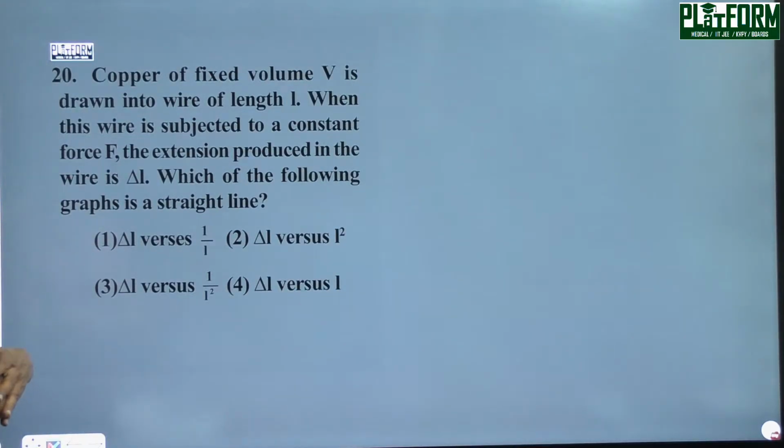A copper wire of fixed volume V is drawn into a wire of length L. When this wire is subject to a constant force F, the extension produced in the wire is del L. Which of the following graphs is a straight line?